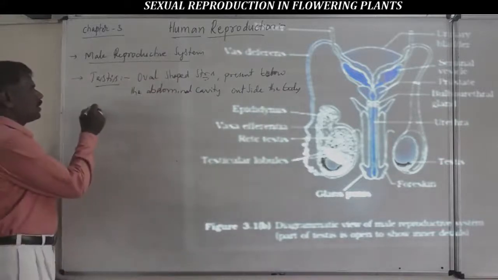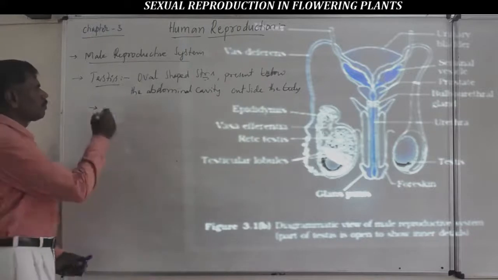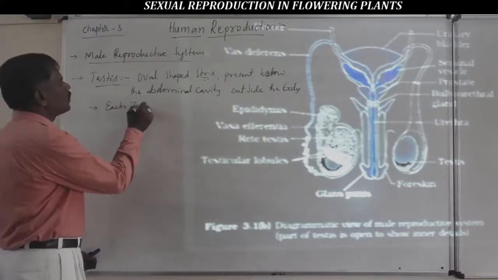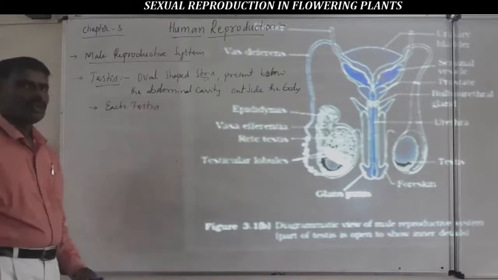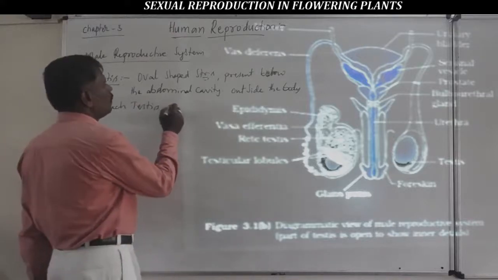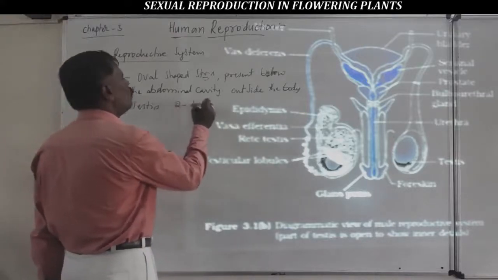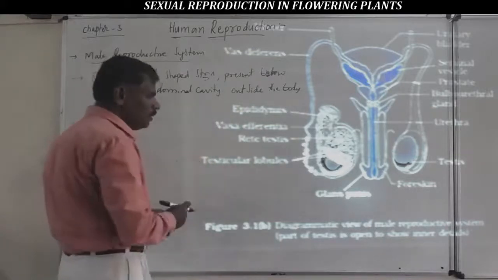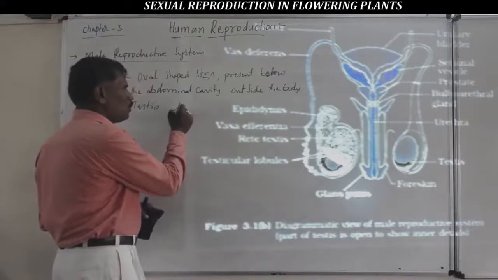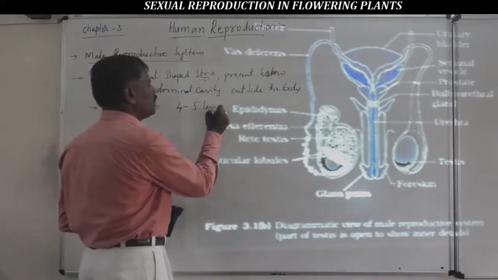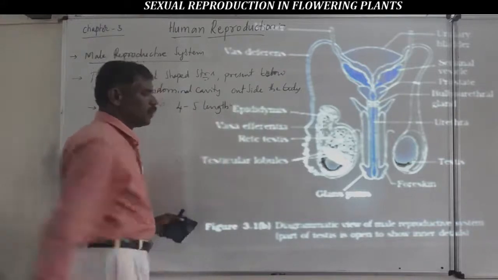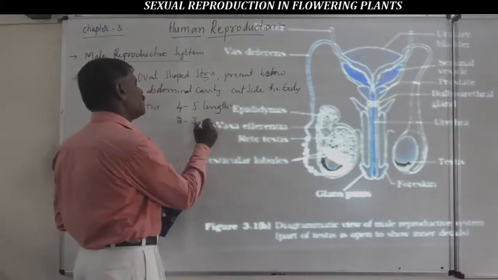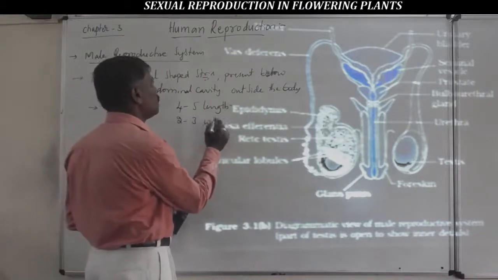Each testis is 4 to 5 centimeter in length and 2 to 3 centimeter in width.